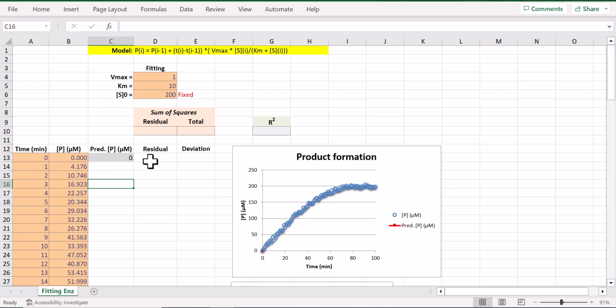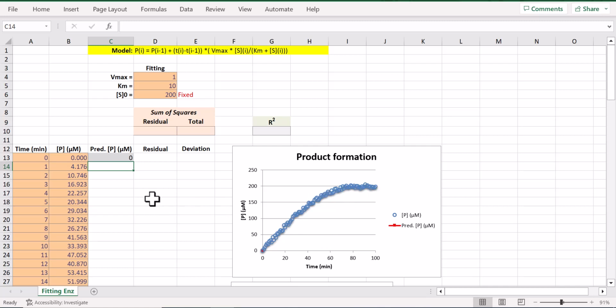However, we can calculate the instantaneous rate that would be observed at each time point, and we can multiply that rate by the duration of the last time interval to give the concentration of product that would be formed over that interval, and we can add that concentration to the concentration of the product formed at the end of the preceding interval, and so we can continue to add an incremental concentration of product right to the end of the data set, right to the end of the reaction.